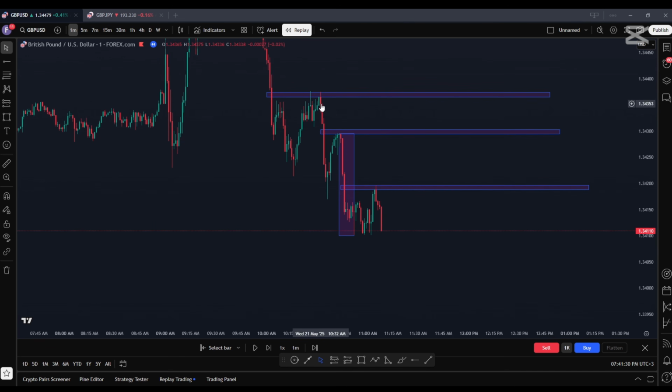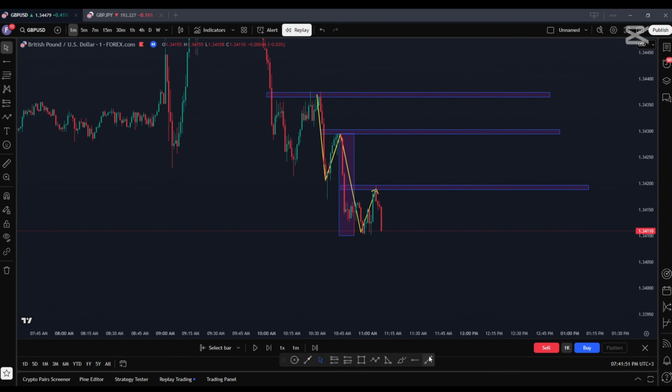So after the market forming this structure, this downtrend, you're seeing that we are drawing this, connecting the lower highs, then connecting them to the lower lows.